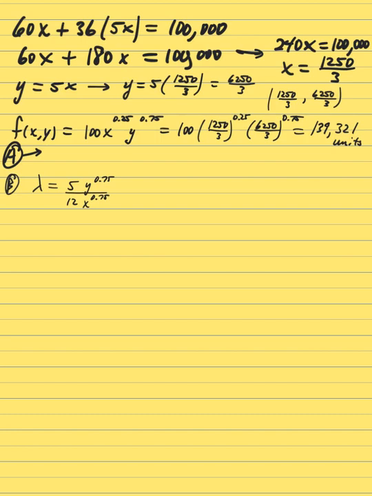Now we can write that as y over x all to the 0.75, and we're going to make our substitutions.